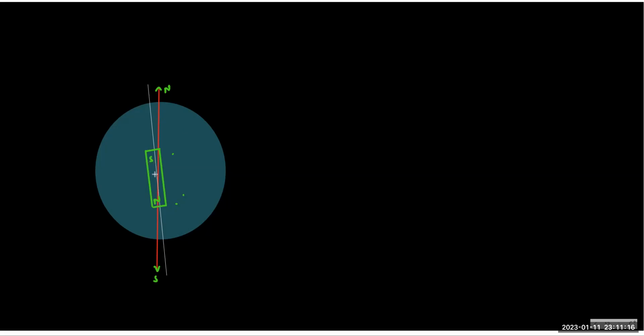So lines of force will start from north, and after coming out of north, they will go something like this.